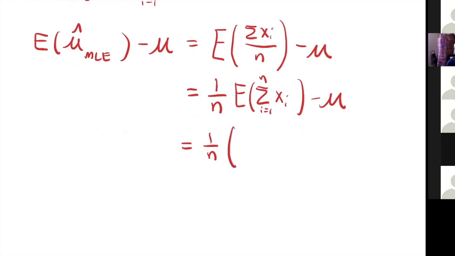And then if I take the expected value of the sum of xi's, the expected value of each xi is mu sub x. And we have n of them since we're summing up all n xi's. So that's how we could check that the bias of the maximum likelihood estimator for the mean is 0, and that's because the expected value of that estimator is equal to mu, the thing we're trying to estimate.